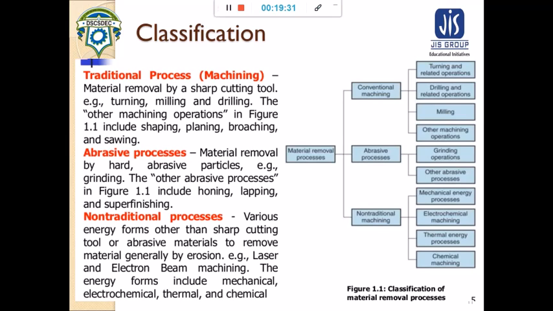And in abrasive process, material removal is done by hard abrasive particles. An example of an abrasive process is grinding. In non-traditional process, various forms of energy other than a sharp cutting tool or abrasive materials are used to remove the material, generally by erosion. So this is our non-traditional process.